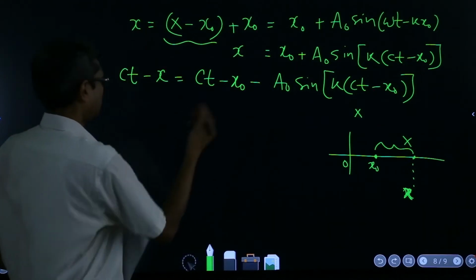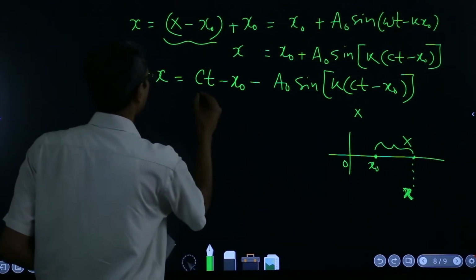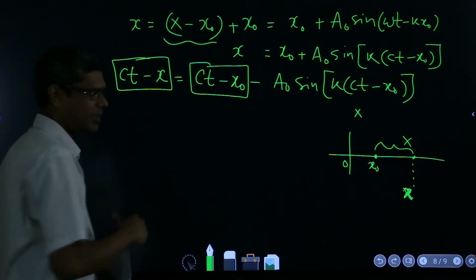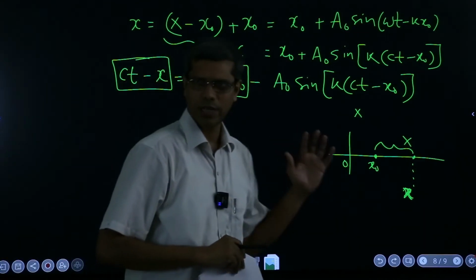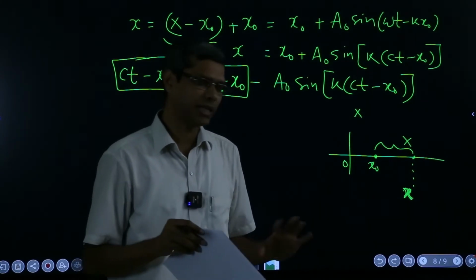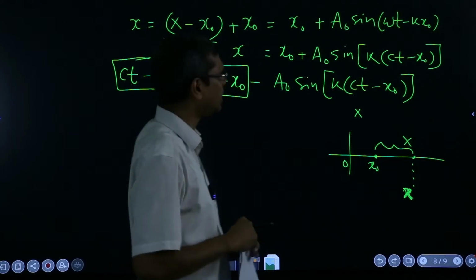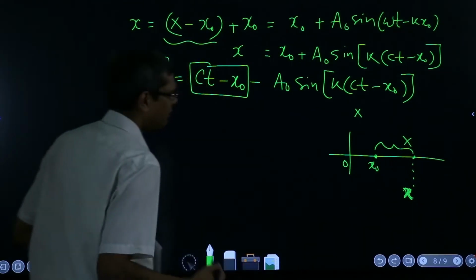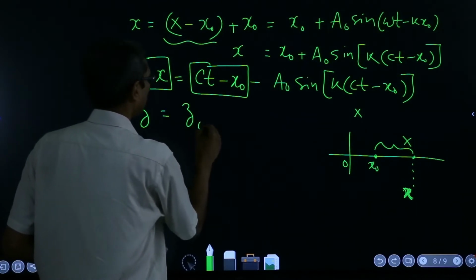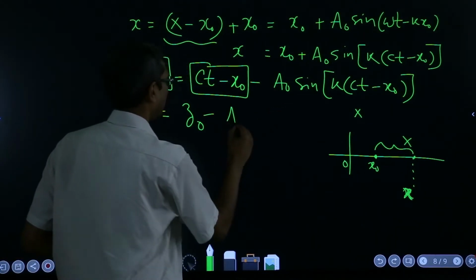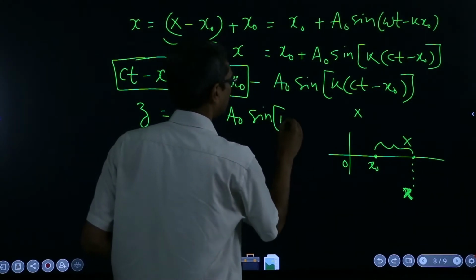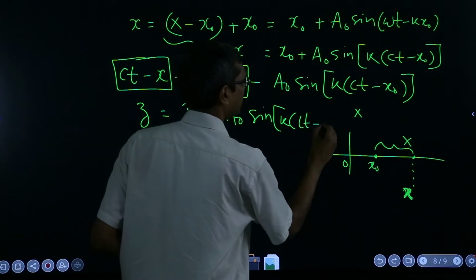In this process we have created very similar variables, so that both dependencies, x and t, we are clubbing together as a single variable, say z equal to z naught minus a naught sine k (ct minus x naught).